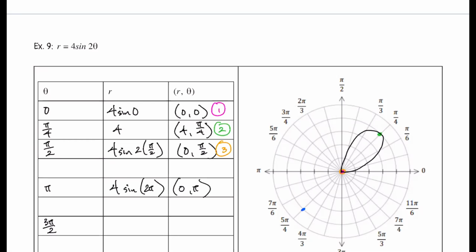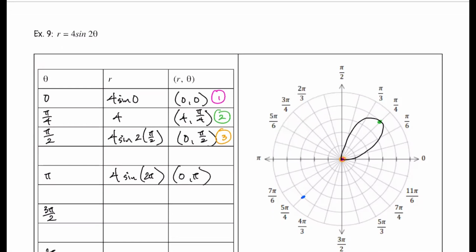Okay, good. And because it's sine, once you've got that first petal, you just have to divide it all up evenly. We know that it's symmetric around the y-axis. Exactly. So the next place it goes, if I think about 3 pi over 4, I bet we're going to get 4, comma 3 pi over 4.